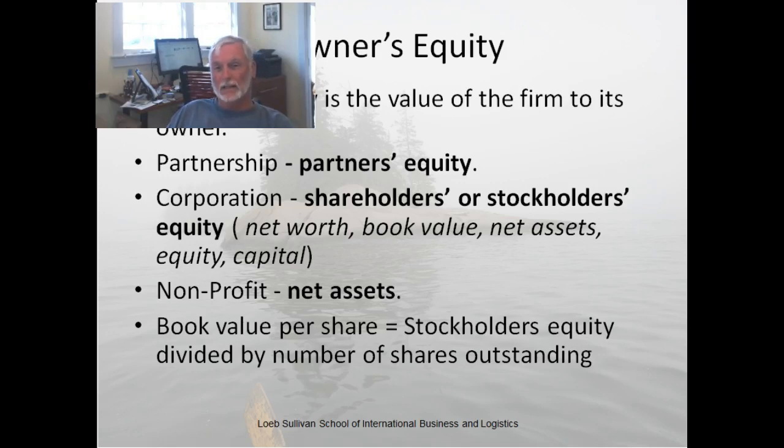So that's the book value. That doesn't necessarily mean that that's what the stock will trade for if it's a publicly traded stock, because we talked about it doesn't include the goodwill that's there. But it does give you an asset value for each share of stock.